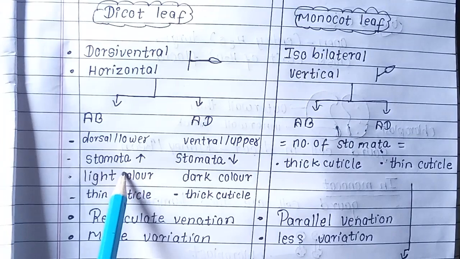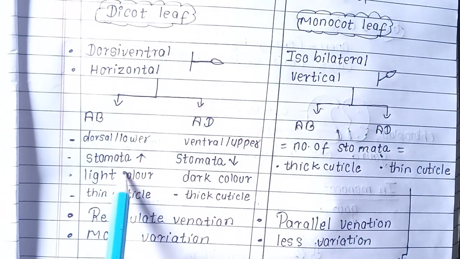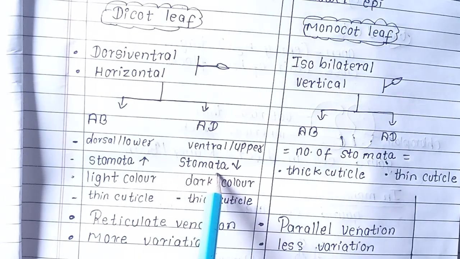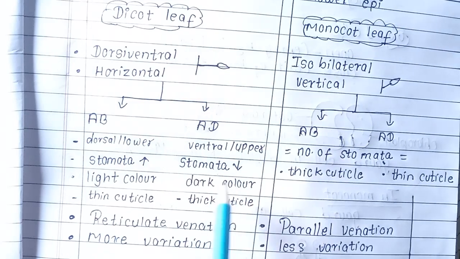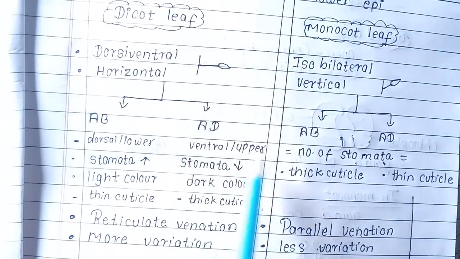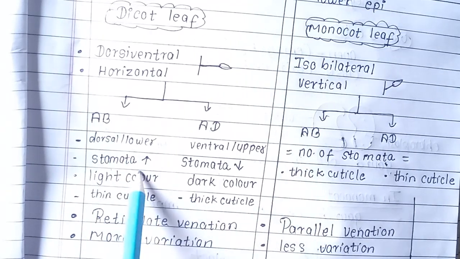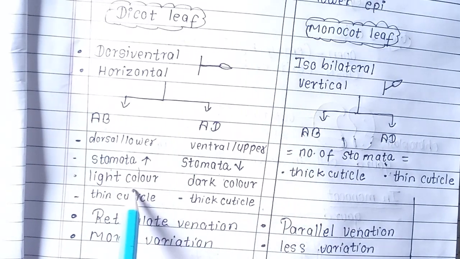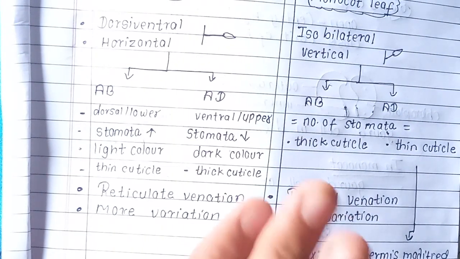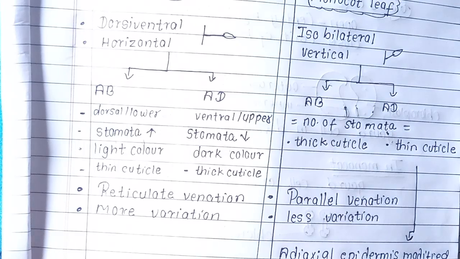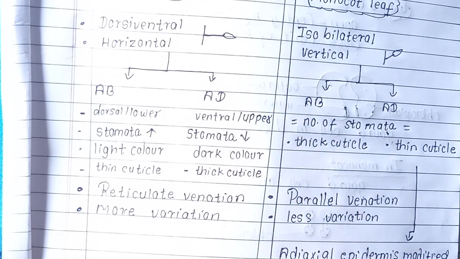In the lower abaxial area, there is a greater number of stomata, and in adaxial, upper, there are fewer stomata. Abaxial is light in color because it is lower and the sunlight cannot directly impact the lower side.